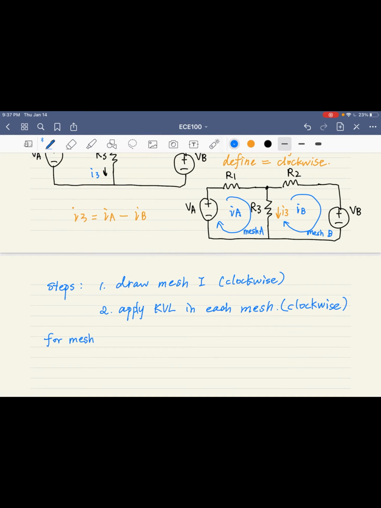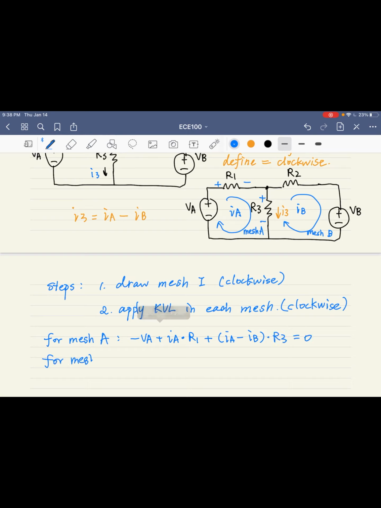for mesh A, following the clockwise direction, the KVL should be minus VA plus IA times R1 plus I3, which is IA minus IB, times R3 equals 0.